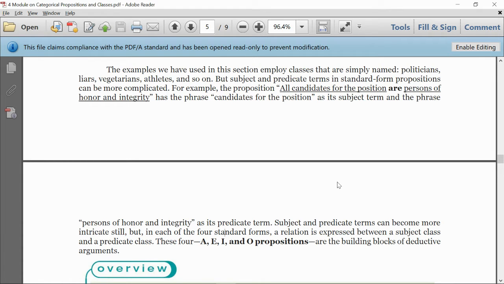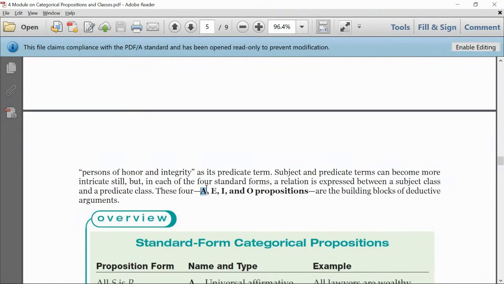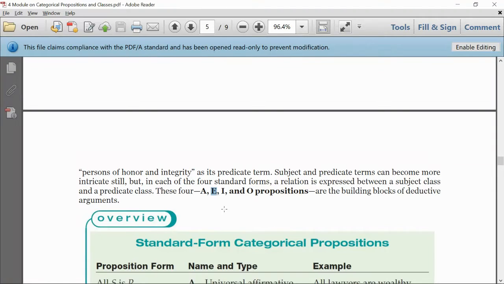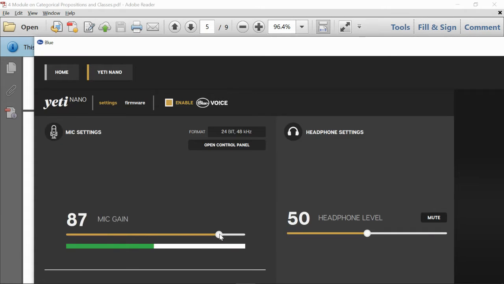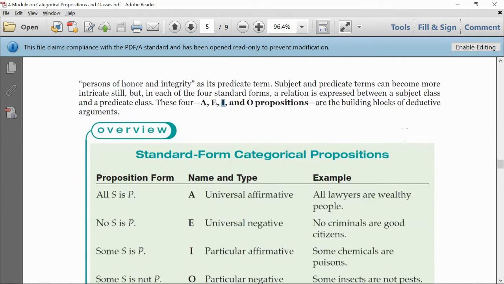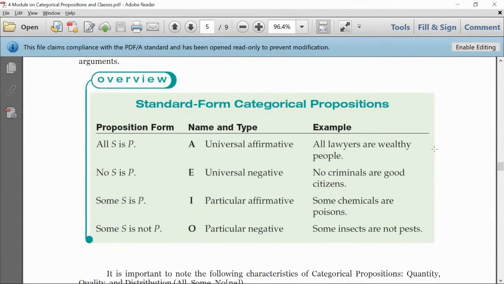So these four, A, which is a universal affirmative proposition, E, which is a universal negative proposition, I, which is a particular affirmative proposition, and O, which is a particular negative proposition, are the building blocks of deductive arguments. This is a simplified overview.